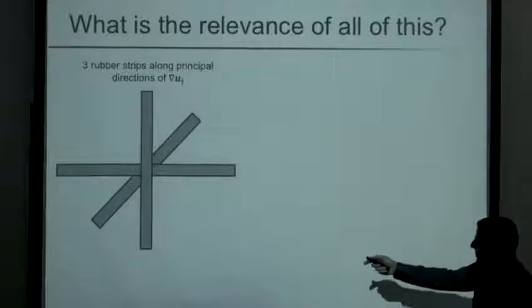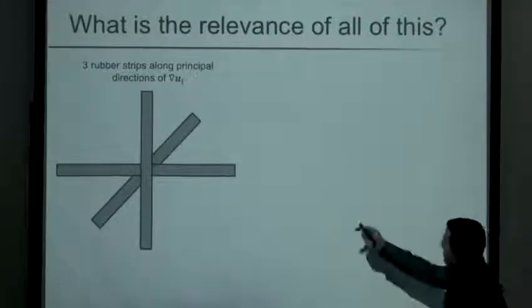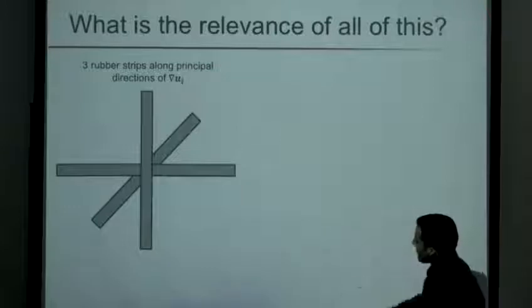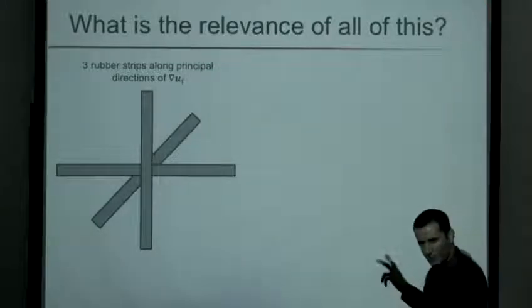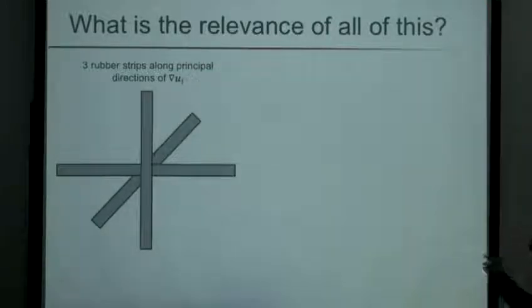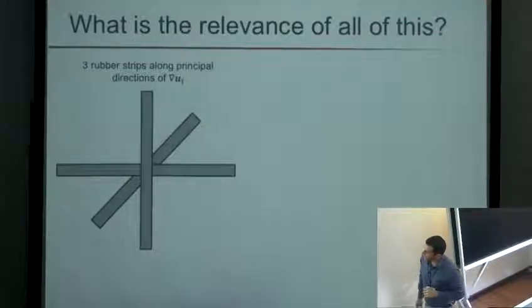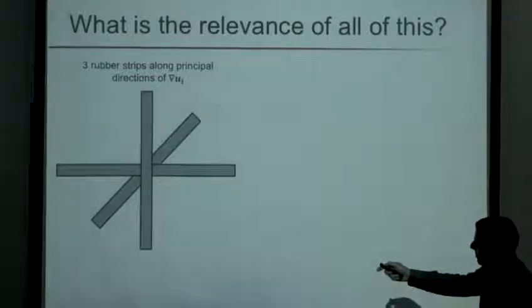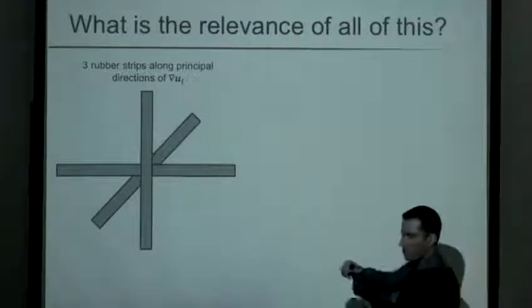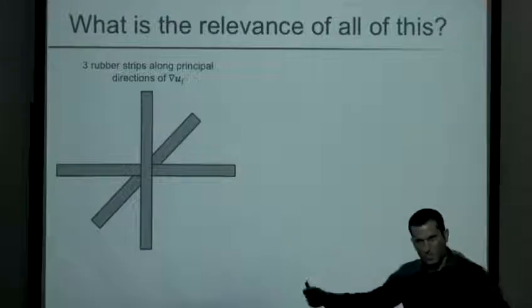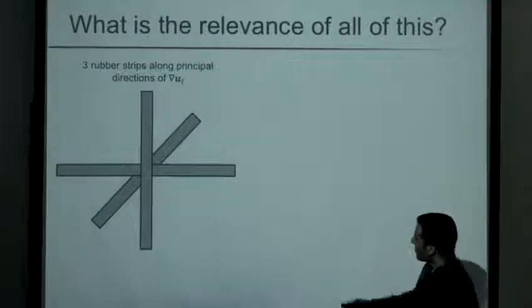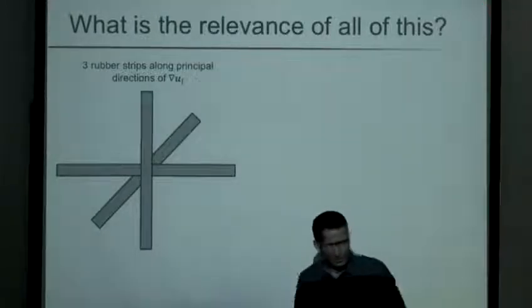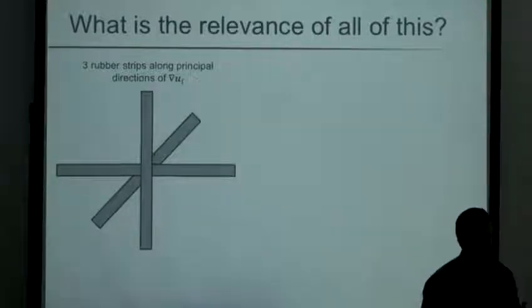So if you take the fluid velocity gradient and decompose it into its eigendirections, basically you're going to have a strain rate that gives you the rate at which I'm stretching or contracting that rubber strip along the eigendirections of the velocity gradient tensor.